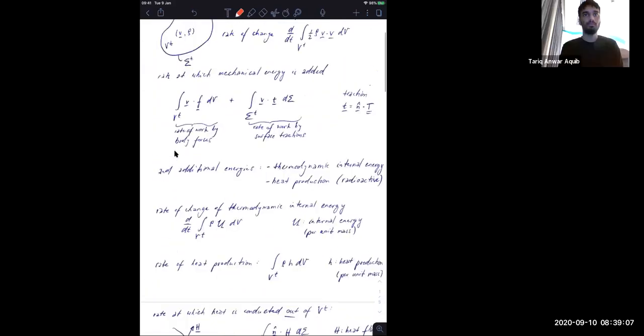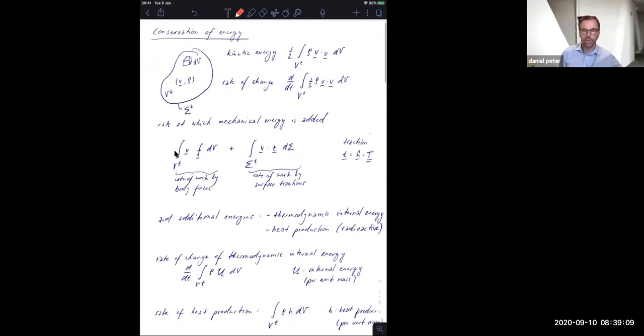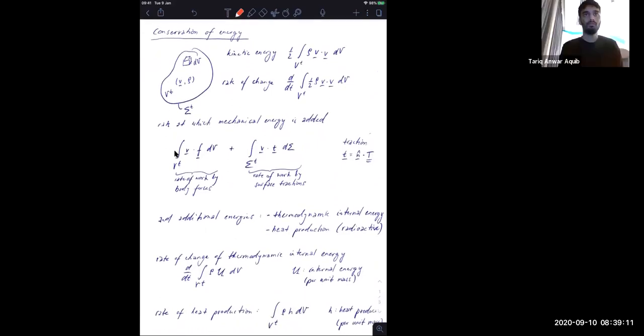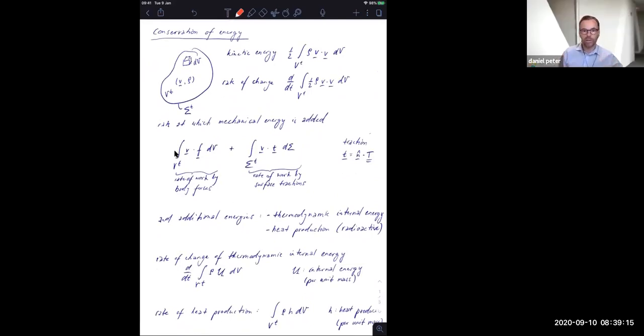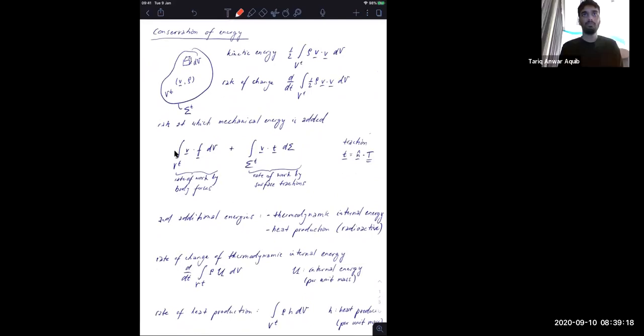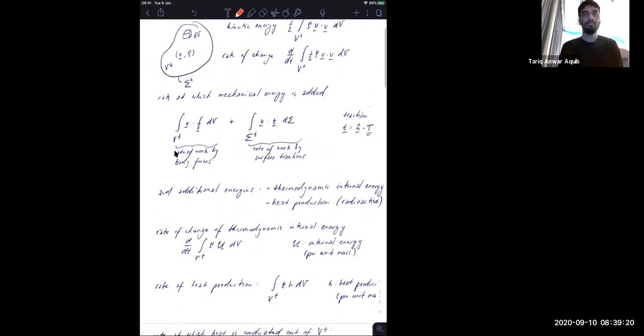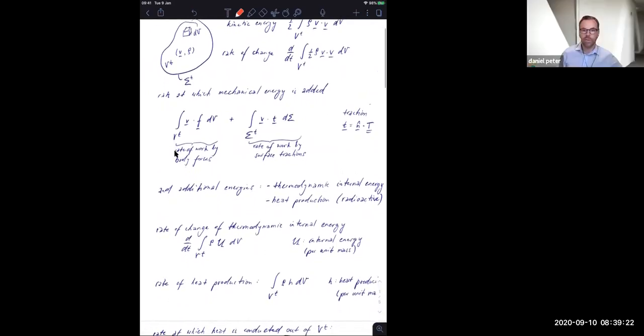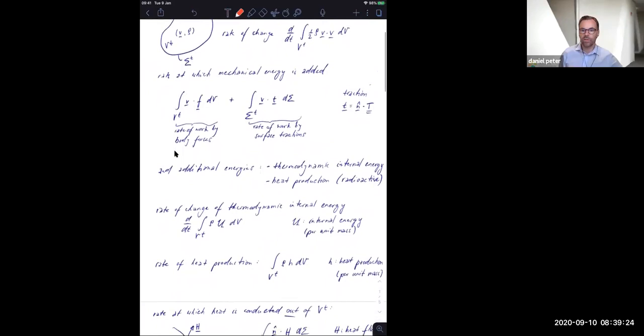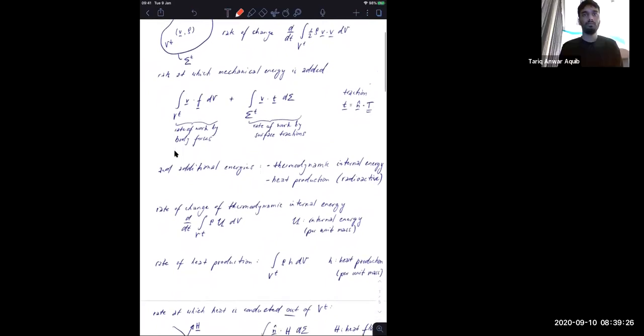So we started with basically listing all types of energies: kinetic, potential or internal energy, mechanical energies that are added to the system, plus heat production. For the Earth it is radioactive heat production.